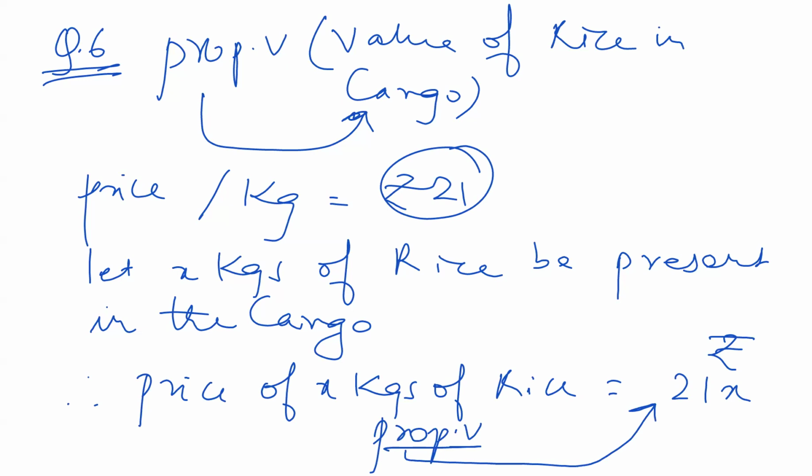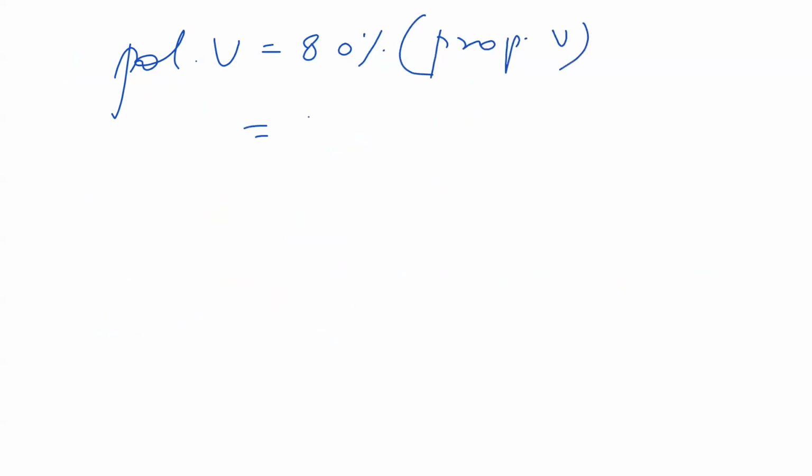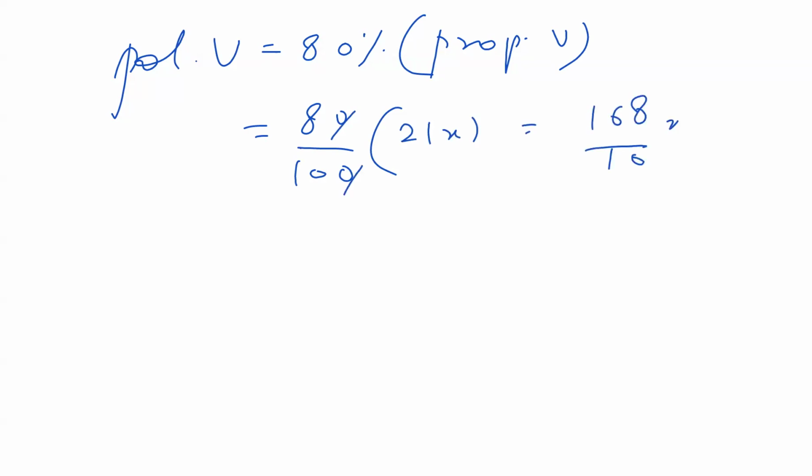Now policy value. Policy value is 80% cover they have mentioned. 80% of the property value. 80 upon 100 into property value. What is the property value? 21x. So this will be 168x upon 10. So this is the policy value. Premium paid, the amount is also given and the rate of premium is also given.